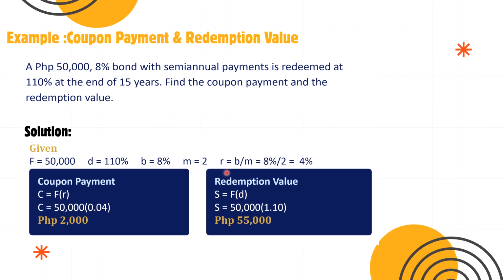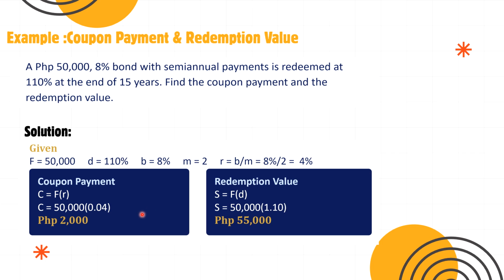So R is equal to B over M, which is our bond rate over M. So 8% over 2 is equal to 4. So R is equal to 4%. So here's how to get the coupon payment.